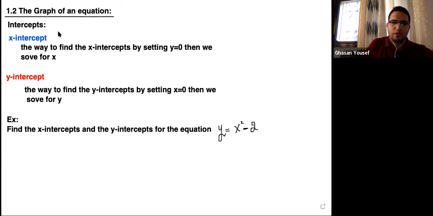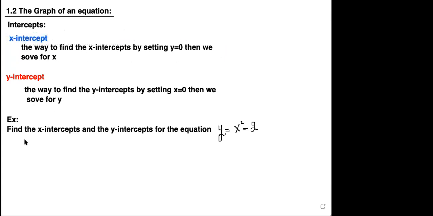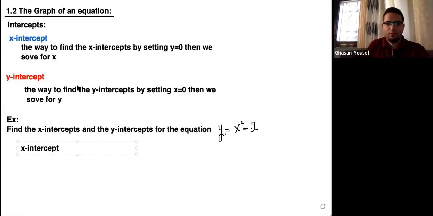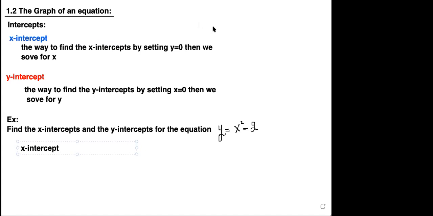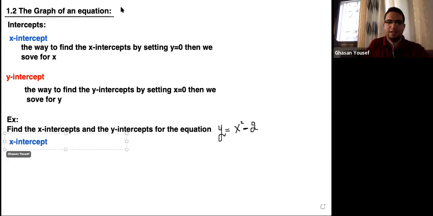First of all, how can we find the x-intercept? Who will do the x-intercept for this question? You would put y equals 0, then it becomes a quadratic equation, and then you factor it. Exactly. So we solve for x, like we're looking for the value of x.